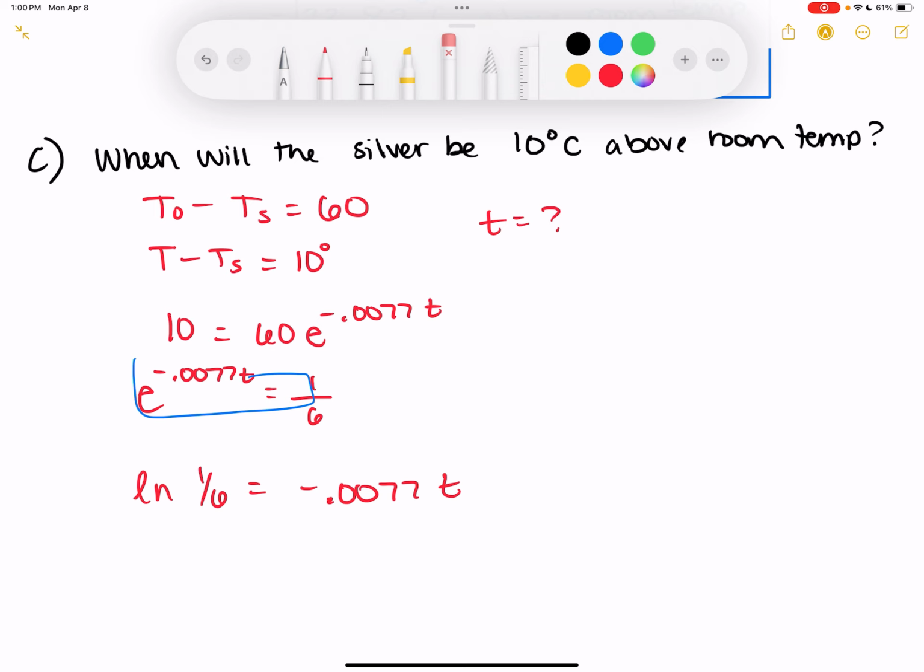And so that's going to be 232.6, or 232.7 because of the rounding, minutes.